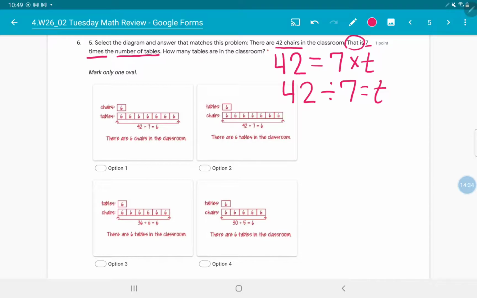So which one is going to give me the correct answer, Ansley? Option 2, 42 divided by 7 equals 6. Yeah. That shows us that there are 7 groups of 6 chairs, and that would mean that there are 6 tables in the classroom. Very good. All right, any questions? No.